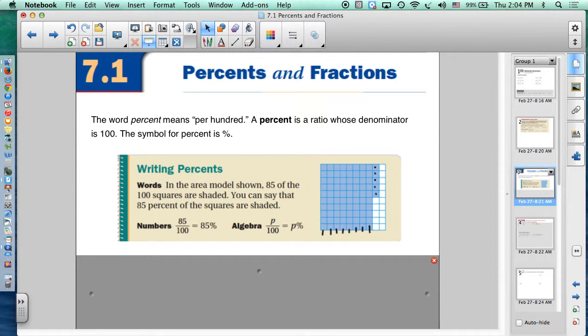So there are 85 shaded squares out of 100, so we would write that as the ratio 85 over 100, which because it's over 100, that means per 100, that is a percent. So 85% is the same thing as 85 over 100.